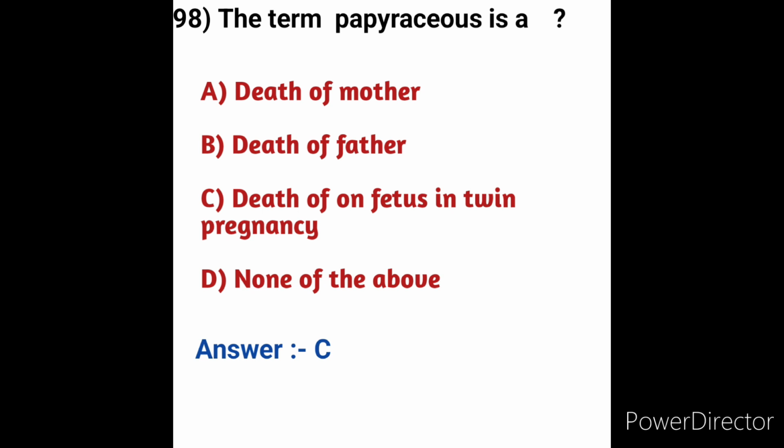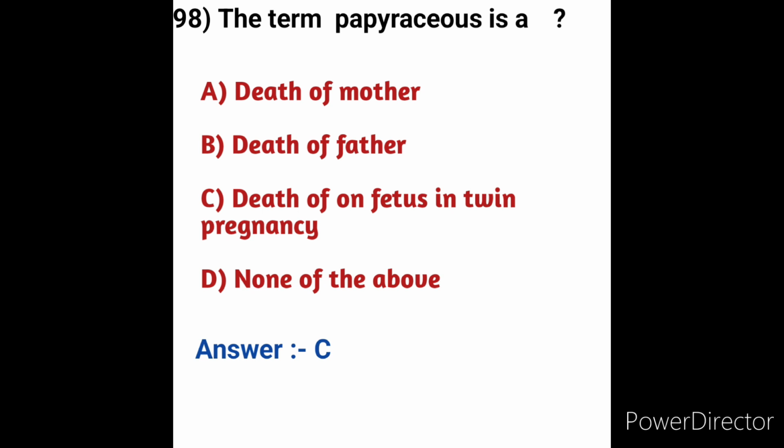The term fetus papyraceus is used when there is IUFD, intrauterine fetal death or demise, of a twin pregnancy. Option C, death of the fetus in twin pregnancy, is the correct answer.